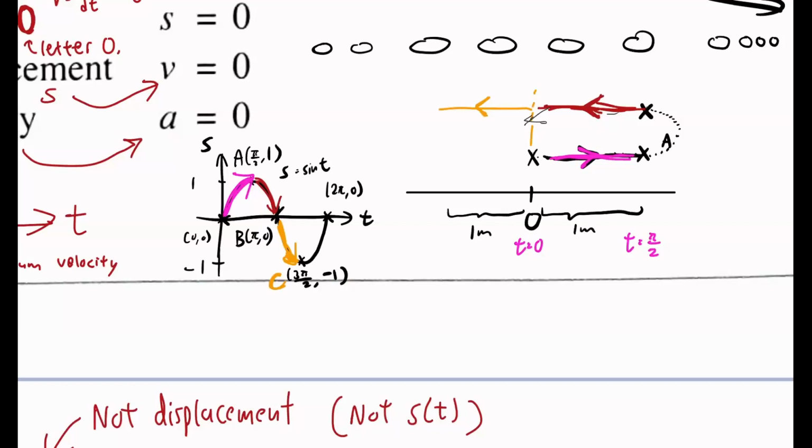Oh, I forgot to label one more point, which is the t. t equals 0, t equals pi/2, then this is t equals to pi. At t equals pi, you go back to origin. Then from t equals pi to t equals 3pi/2, you travel the orange distance here towards the left, until you hit a point over here.